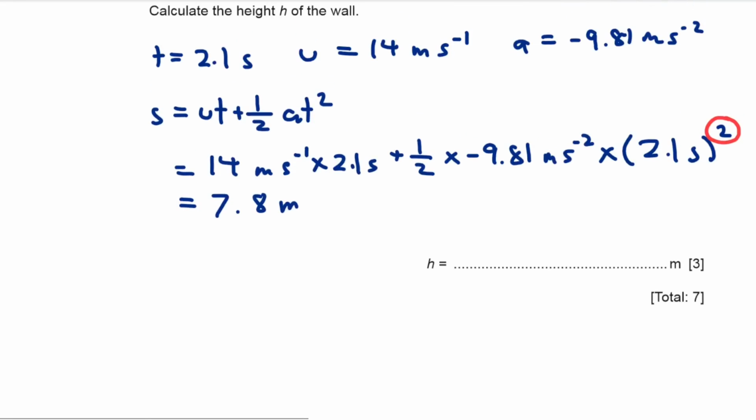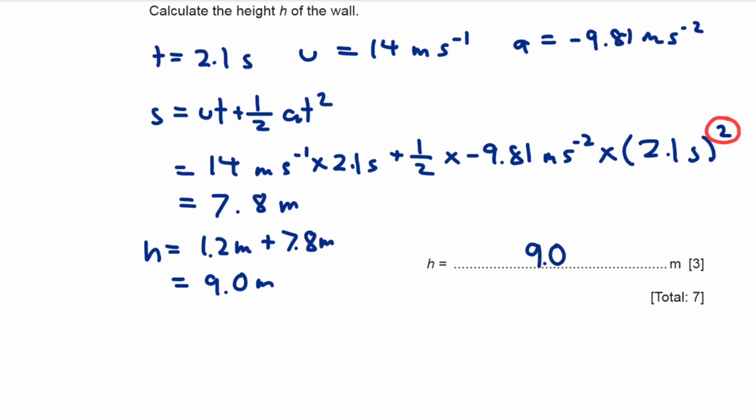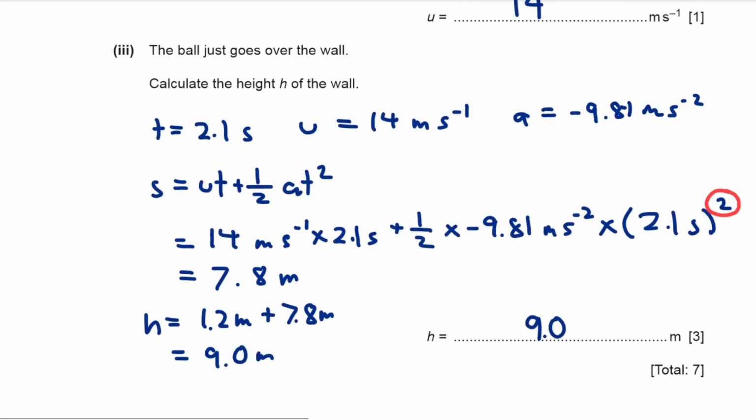So h is going to equal 1.2 meters plus 7.8 meters. And this is going to equal 9.0 meters. And we have to keep the 9.0 because it's two significant figures. And that's how you solve question 2.